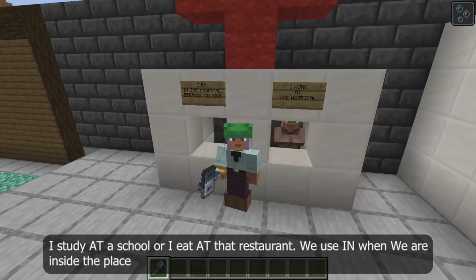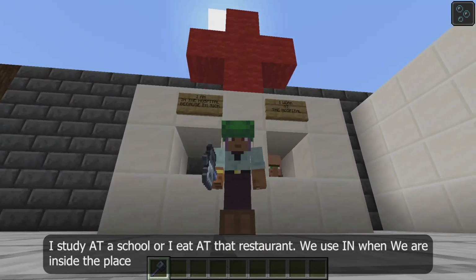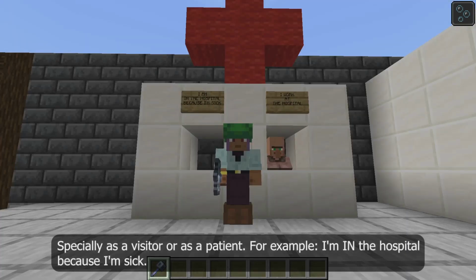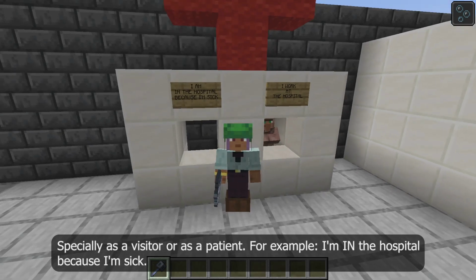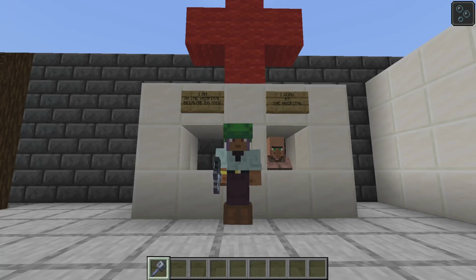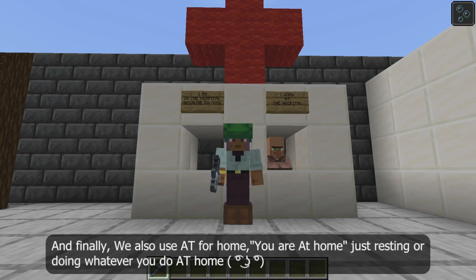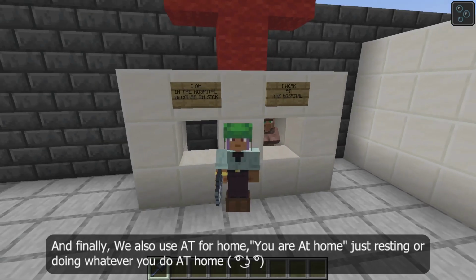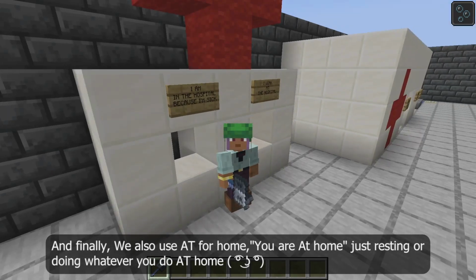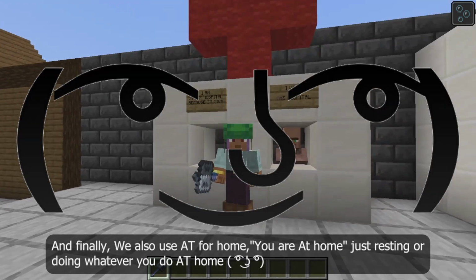We use in when we are inside the place, especially as a visitor or as a patient. For example, I am in the hospital because I am sick. And finally, we also use at for home. You are at home, just resting or doing whatever you do at home.